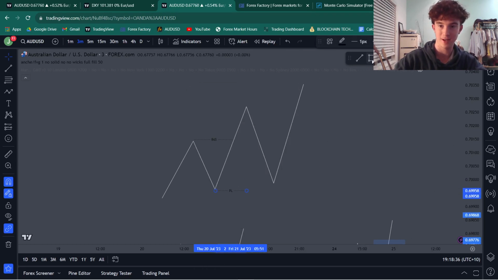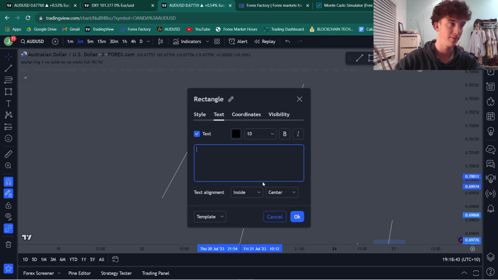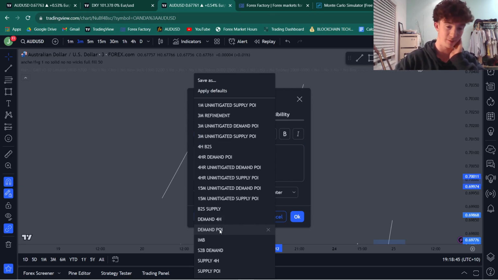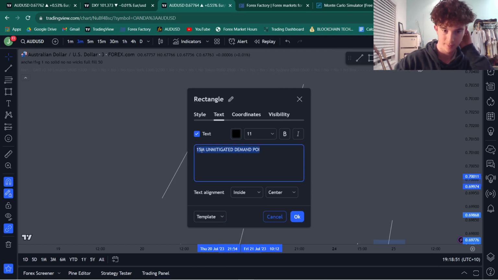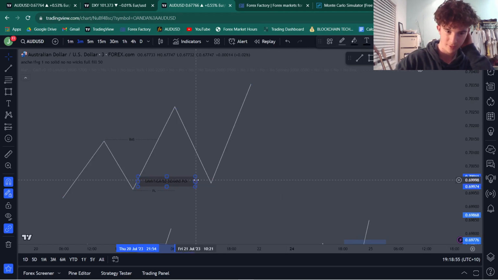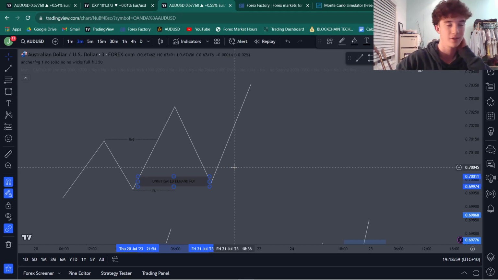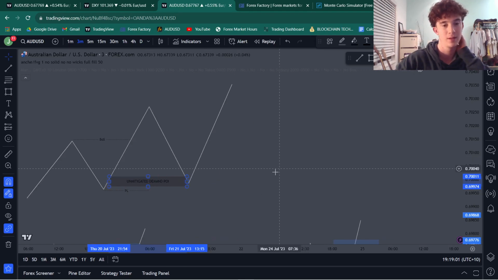And the zone isn't actually validated, basically. So there's no reason for you to be entering, because there's no liquidity validating the zone. You're just entering a zone, but with no inducement or imbalance, the zone's not really valid.